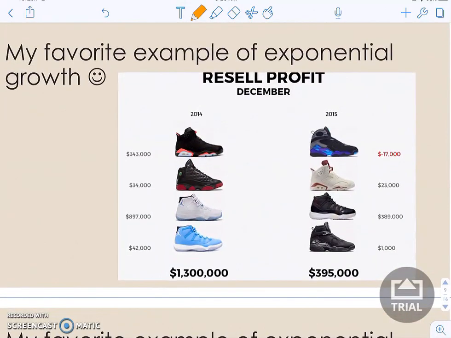My favorite example of an exponential growth is using sneakers. If any of you enjoy sneakers, sneakers are seen as a collector item for some individuals, special types of sneakers. And I remember, I believe it was in 2008, if any of you are basketball fans, Ray Allen paired up with Michael Jordan and released what was called the Ray Allen 13s.